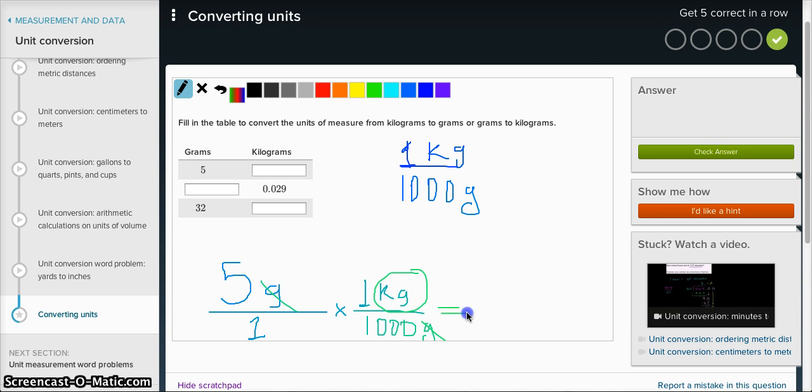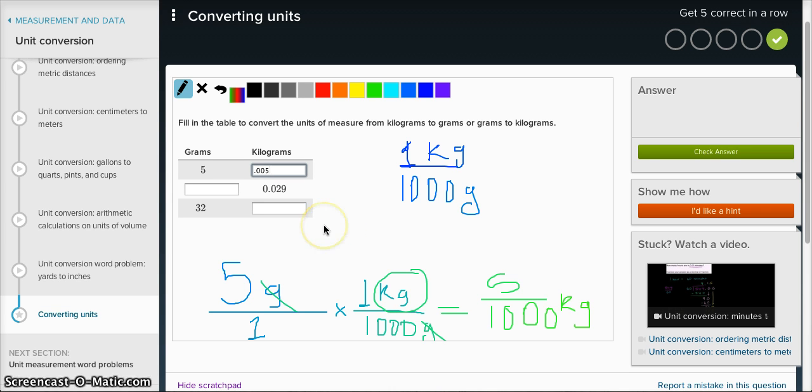So 5 divided by 1,000 is 5 thousandths kilograms, which in decimal, this would be 5 tenths, this is 5 hundredths, this is 5 thousandths. So that's our answer.